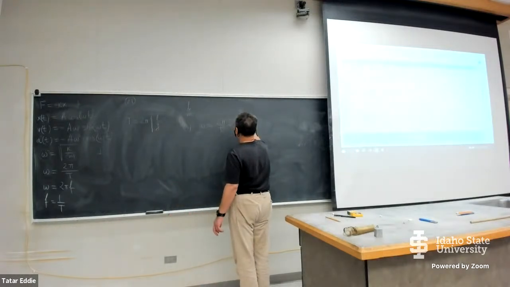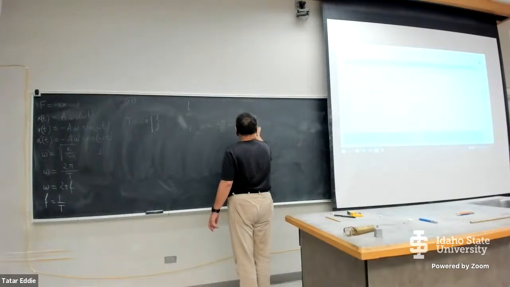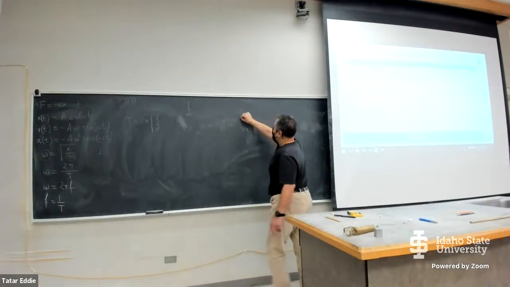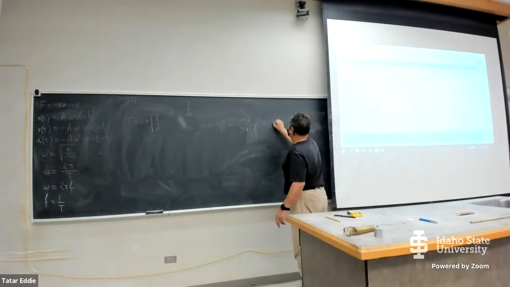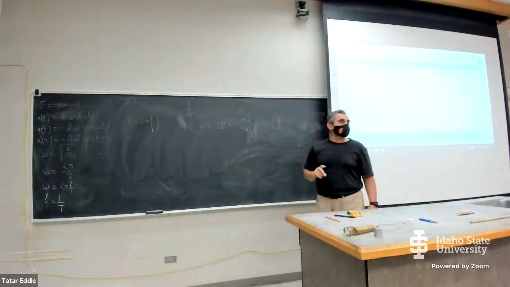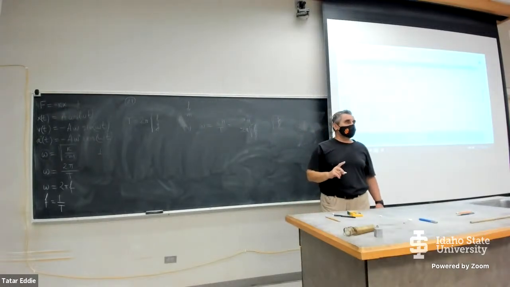In other words, it is 2 pi divided by 2 pi square root of L divided by G. 2 pi cancels out. The inverse of the square root of L over G is the square root of G over L. And this should be the answer: 9.8 divided by the length, under the square root.